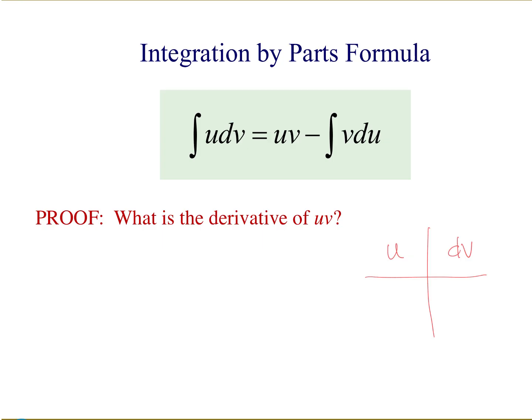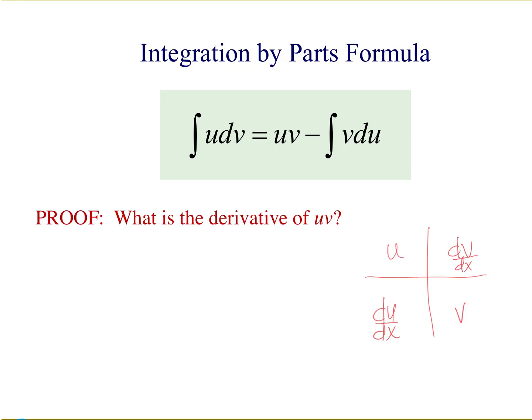And then from the U, we would find the du dx. And from the dv, technically it was a dv dx, we would find the v. So we were doing both.